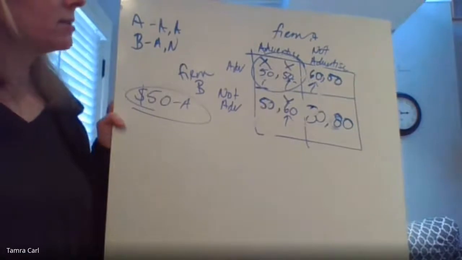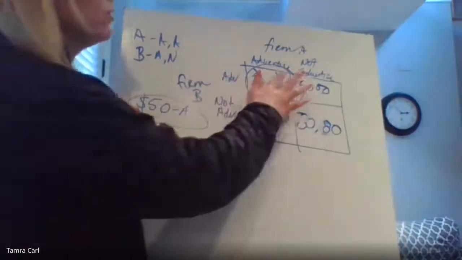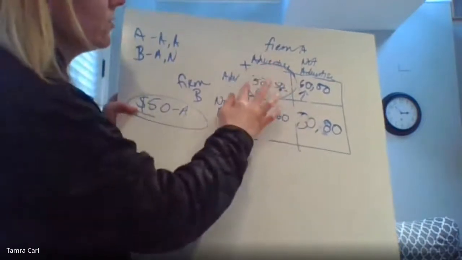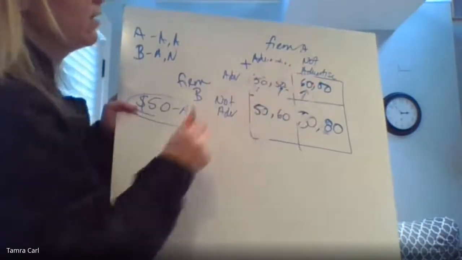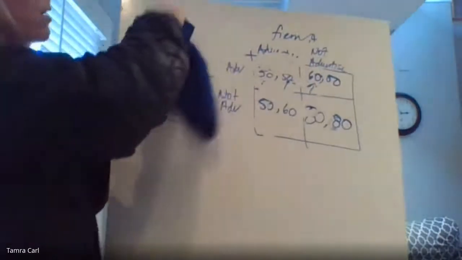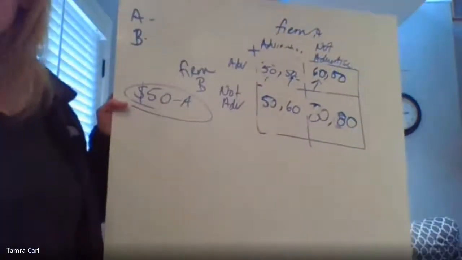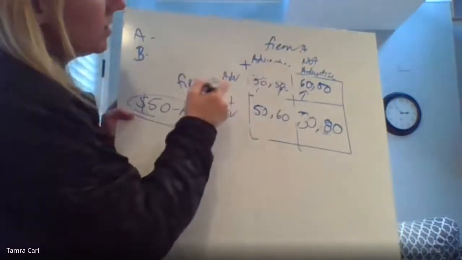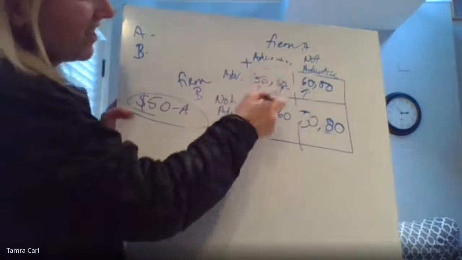Okay. Wait, now I'm confused because if firm A advertises, it doesn't matter what firm B does because they're both 50, right? Well, no, it does matter because I've got to look and see. So now I'd have to go through and do all of this again. So if firm A advertises, then for firm B, this one here, oh yeah, I guess it doesn't matter.